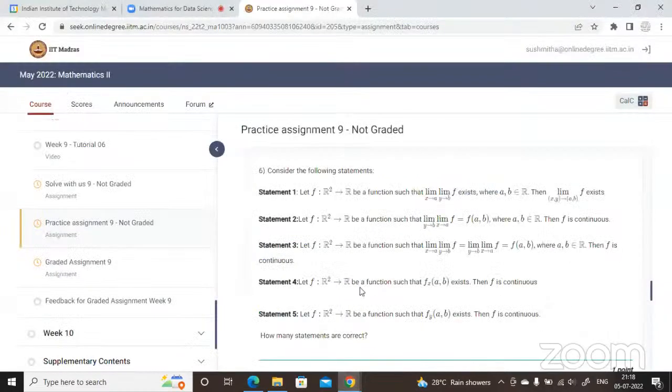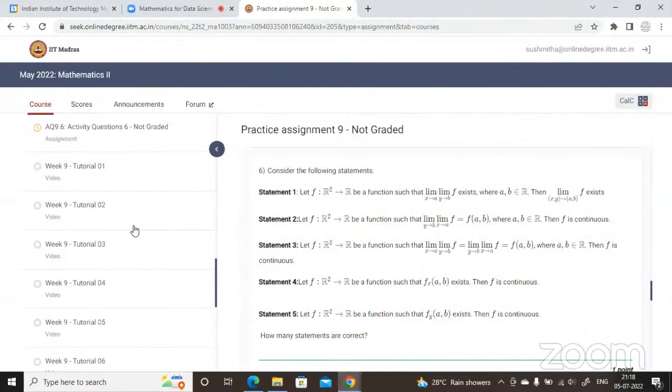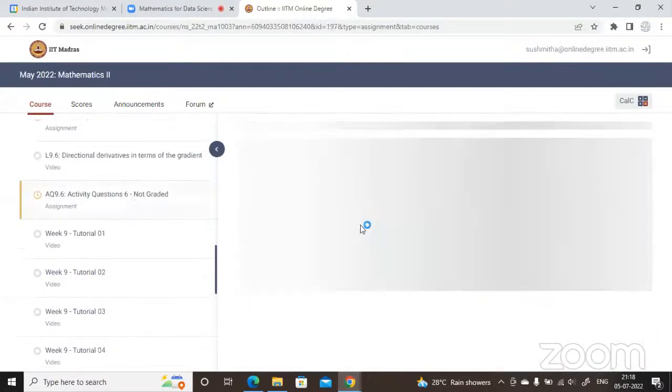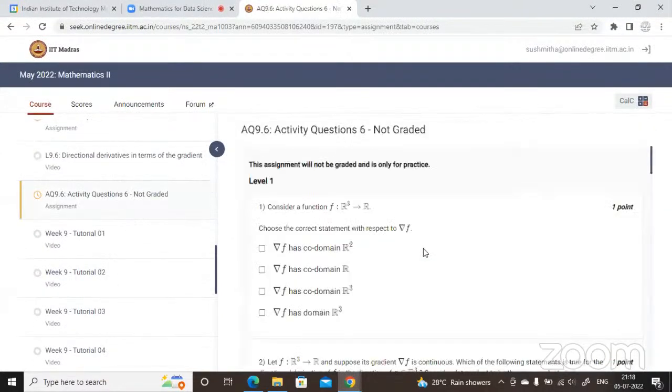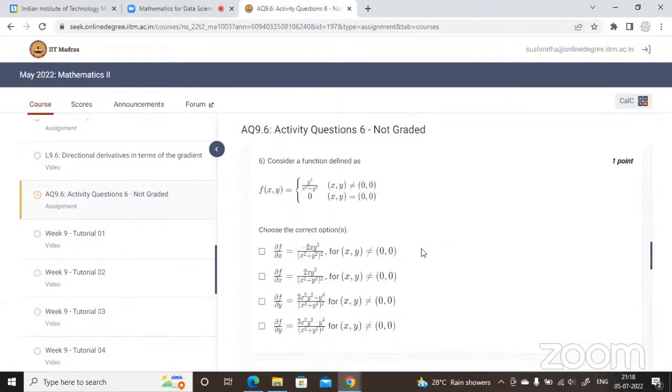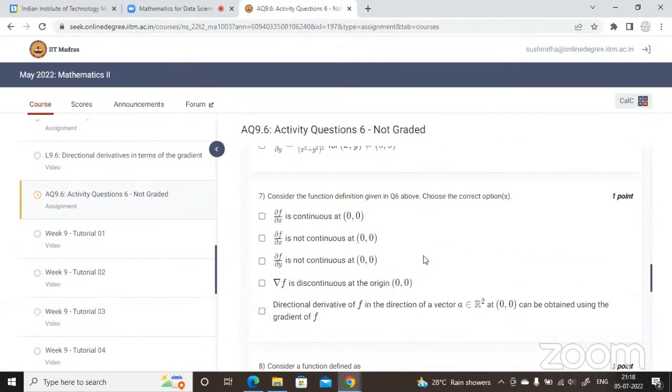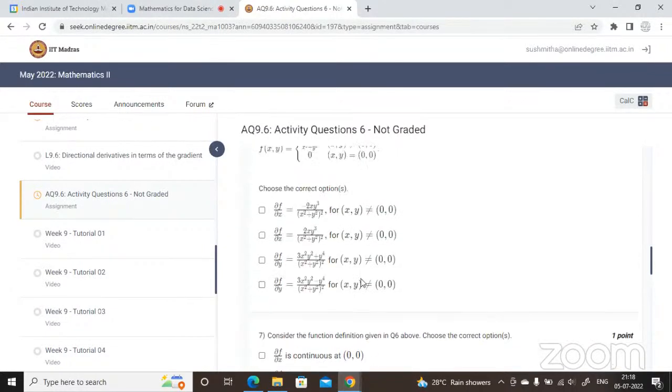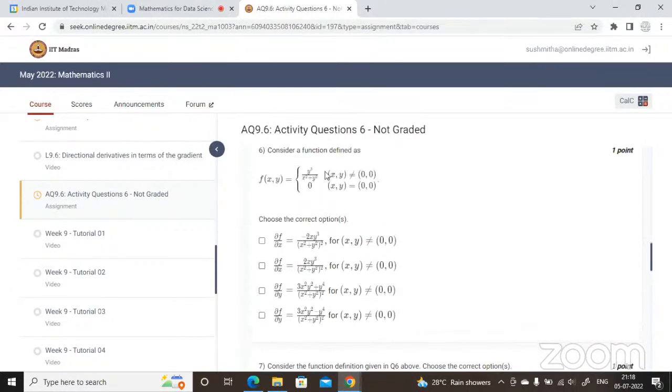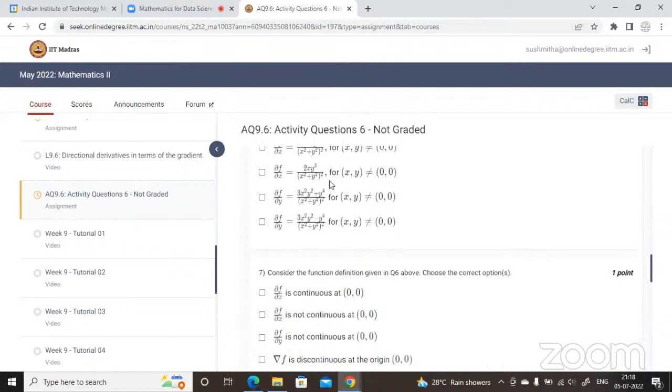Hello, ma'am. 9.6, question number 7, option 4. I'm just looking at the function y cubed by x squared plus y squared.